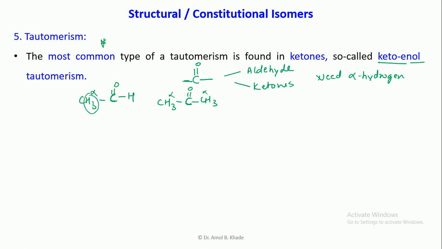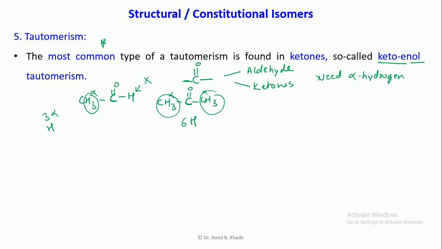So here 3 alpha hydrogens are present. This hydrogen is not alpha. In the ketone, these hydrogens on both sides are alpha hydrogens, so there are 6 alpha hydrogens in the ketone, and in the aldehyde there are 3 alpha hydrogens. Okay, so let's observe what happens in this keto-enol tautomerism.